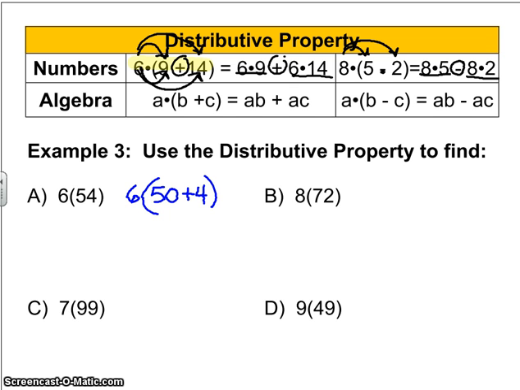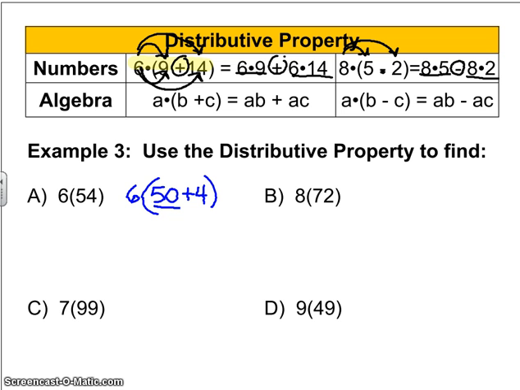Obviously it is. Okay, so instead of doing 6 times 54, we can use the distributive property to break up this big number on the inside and make it a little bit more manageable. And hopefully you're realizing I again chose a number that ends in a 0 because I just like those numbers.